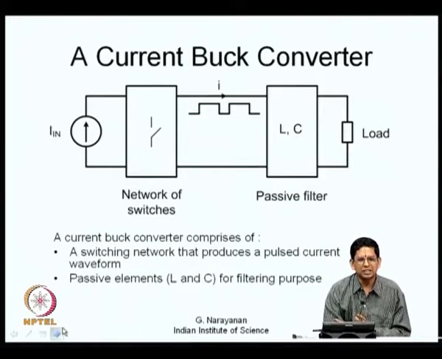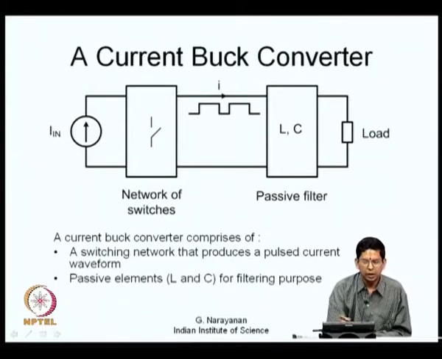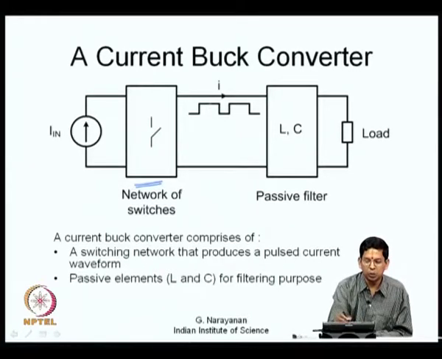The approach is fairly similar to what we did before. Let us say you have a current source and you have a network of switches which can inject a certain amount of current through this load with a certain amount of filtering. Let us say this network of switches is capable of injecting current I equal to I in at certain times, or equal to 0 at certain other instances of time.